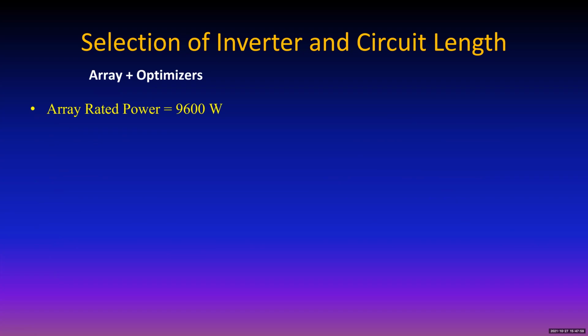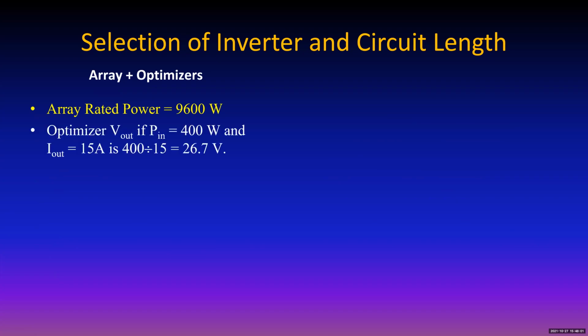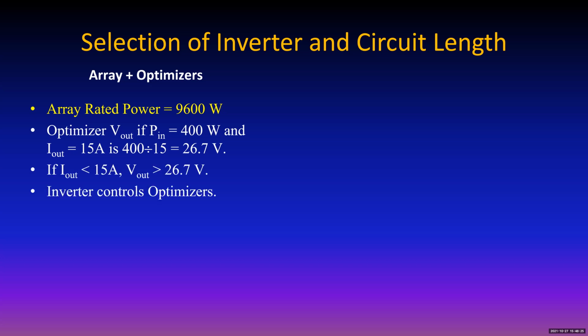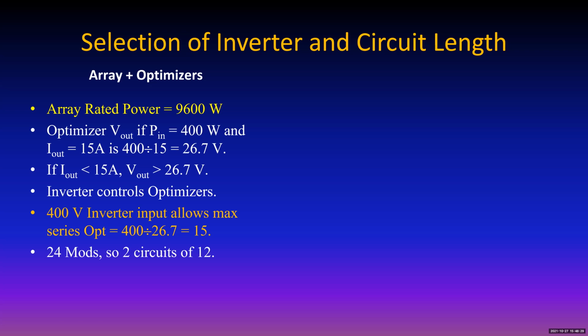Well, array plus optimizer, the array is 9,600 watts. We have to figure out some circuits here now, okay? So 15 amps, so that's 26.7 volts if there's 15 amps out, and if we split that into two groups of 12. Here's the results.